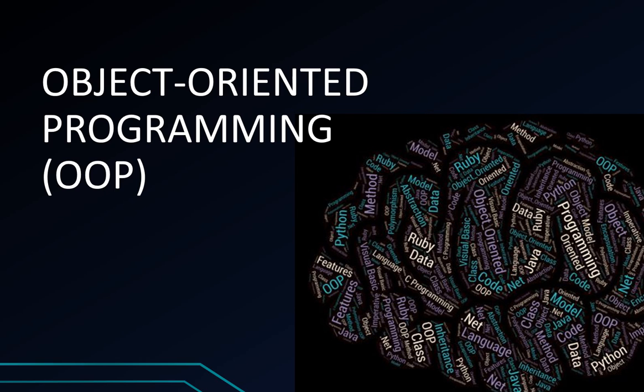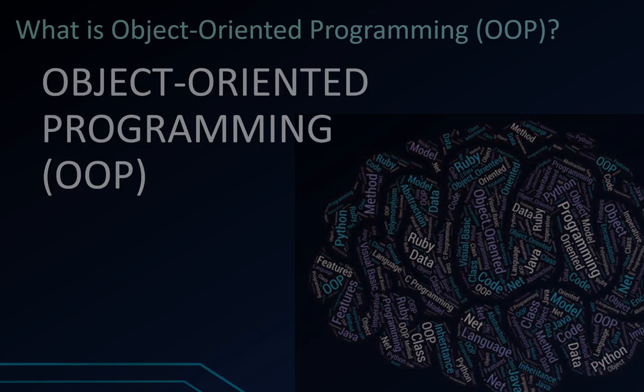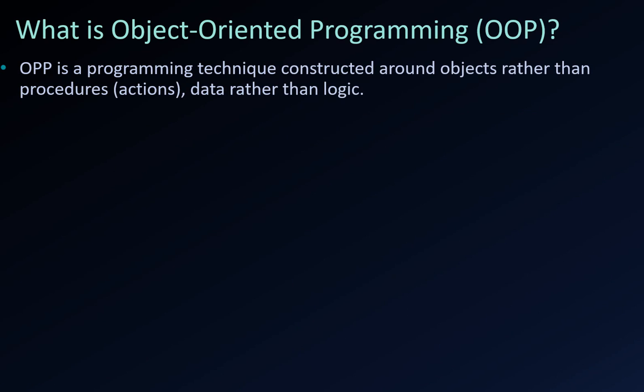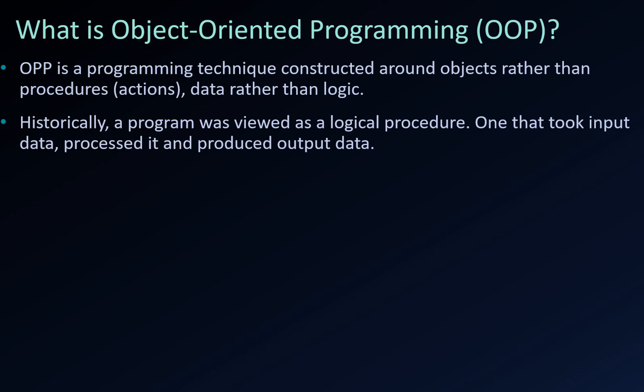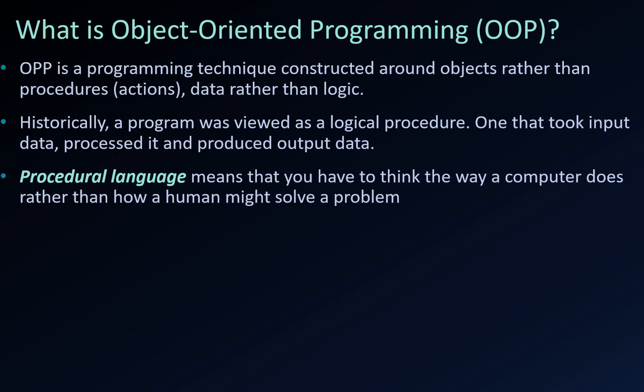Okay, so object-oriented programming. What is it? Well, it's a technique that revolves around objects rather than procedures, the old-fashioned way where you had data input, processing, data output, the way a computer thinks. Last year we did a lot about logical procedures: input, processing, output.